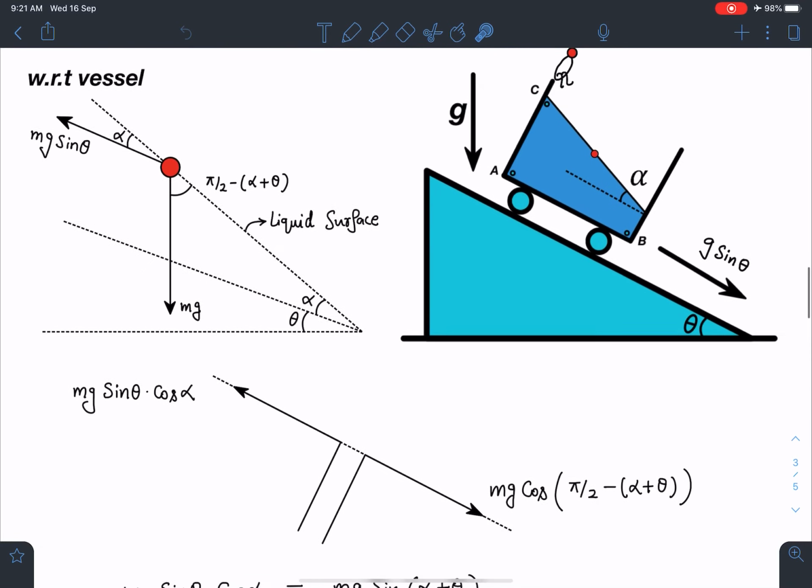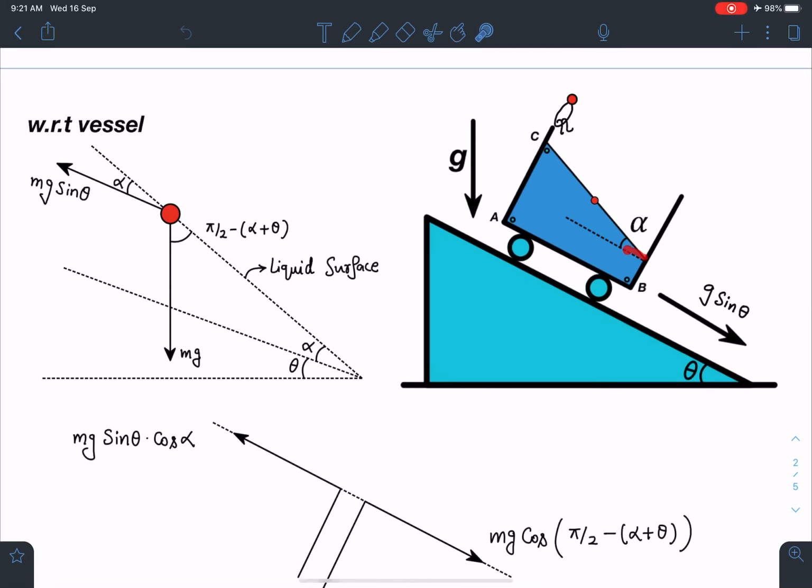That means when we release it, this free liquid surface is going to be parallel to the inclined plane. Earlier the shape will be in the horizontal direction, perpendicular to G. But after this vessel is released, this liquid surface will become parallel to this inclined plane.